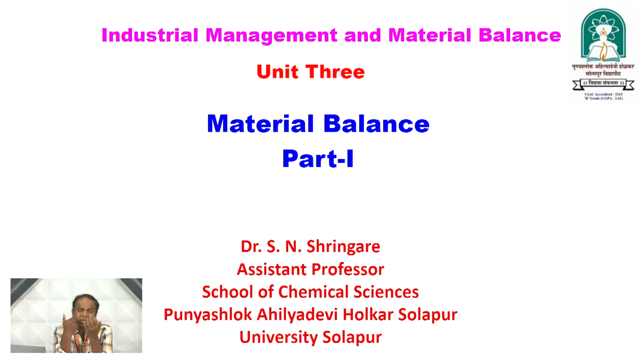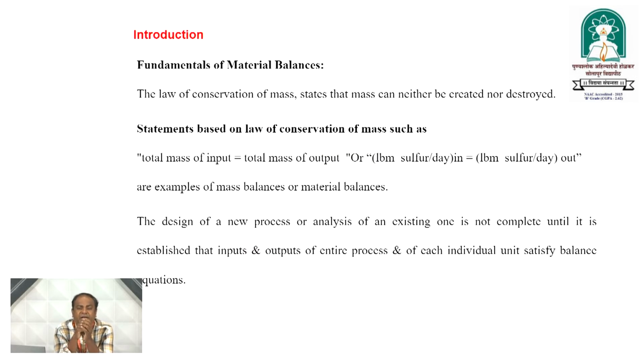Before learning material balance, before calculating the chemicals or their stoichiometry in the process, we should know certain basics. What is that basic? There is a conservation of mass. As I have already mentioned, input of a chemical should be equal to output of a chemical, reactant as well as product.